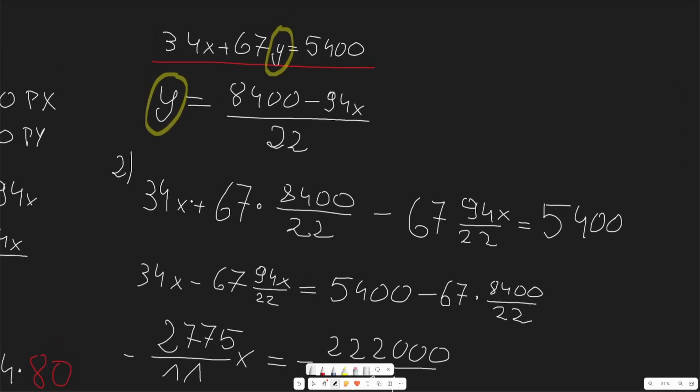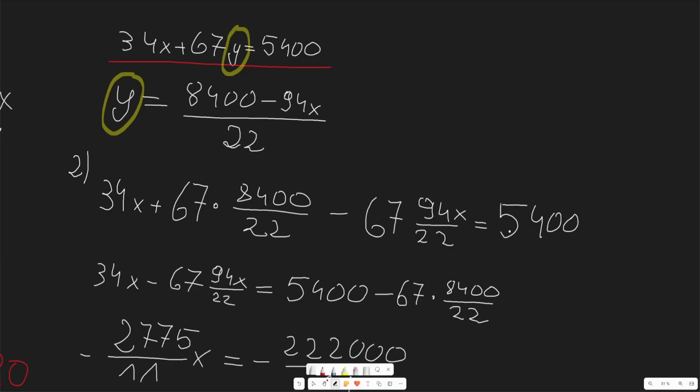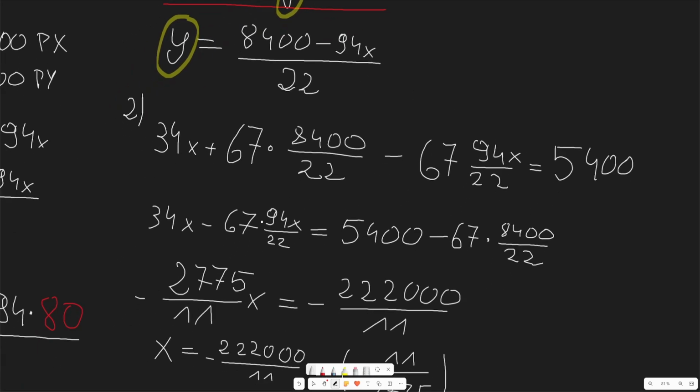I take the 34x plus 67 times the expression is equal to 5400. Then I need to take the value without any variables, without x, over to the right side, so I subtract it on both sides.